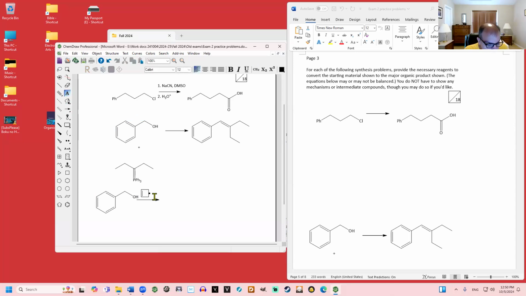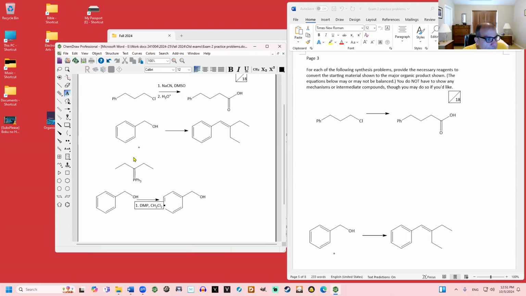Probably the way most familiar to you is Dess-Martin periodinane in dichloromethane solvent. That will oxidize that, and that will be the first step of the reaction.